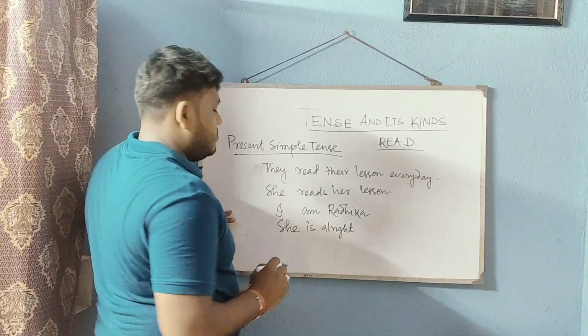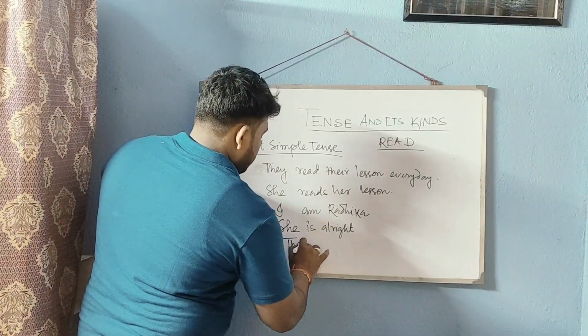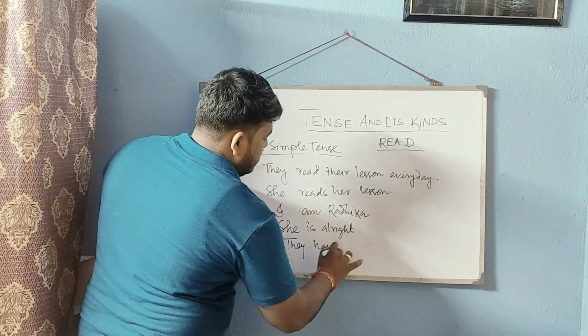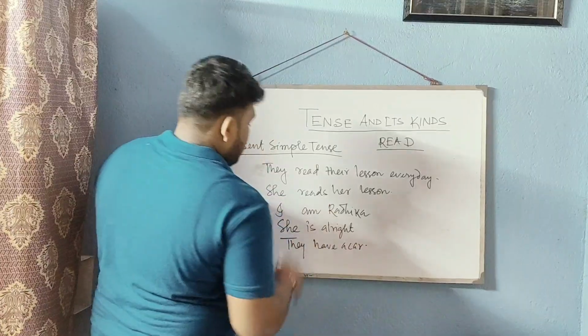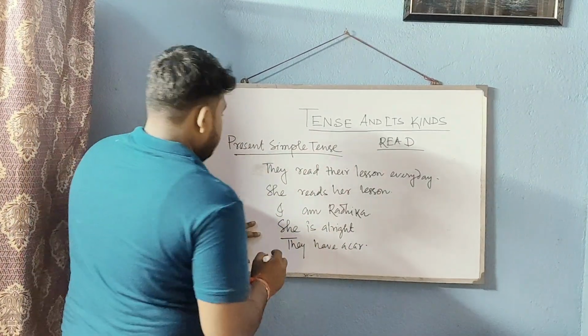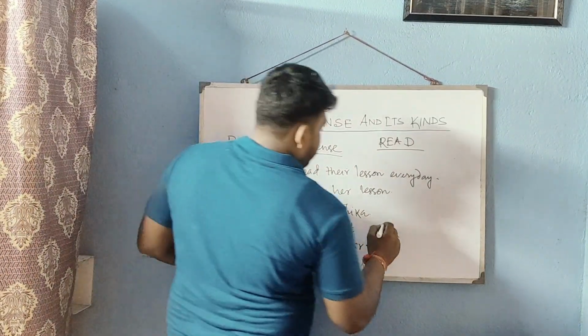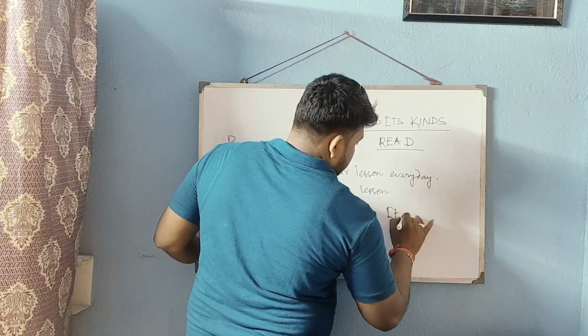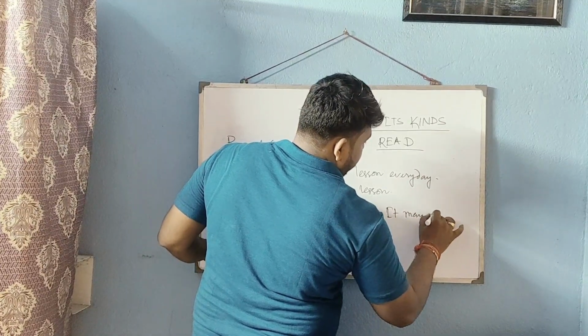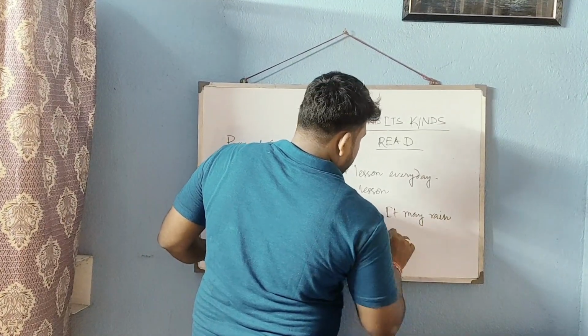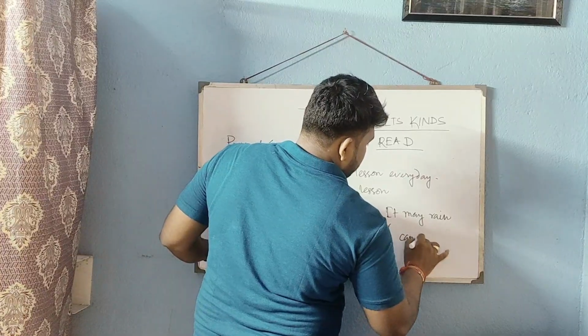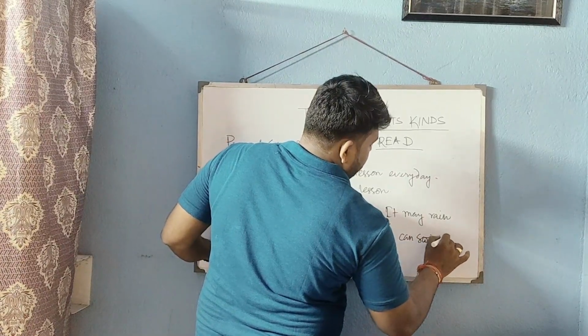Now with the have verb, they have a car. Now with the modal verb, it may rain. I can swim.